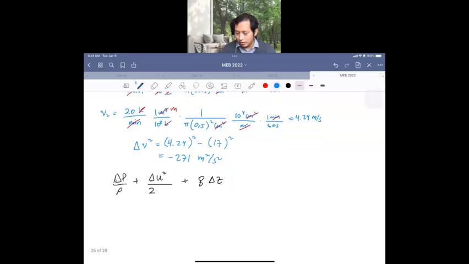Now we can write down that delta P is P2 minus P1, and rho, the density of water, is 1000. Actually, your textbook uses U, but I'm not used to writing U, so let me just write small v for velocity.